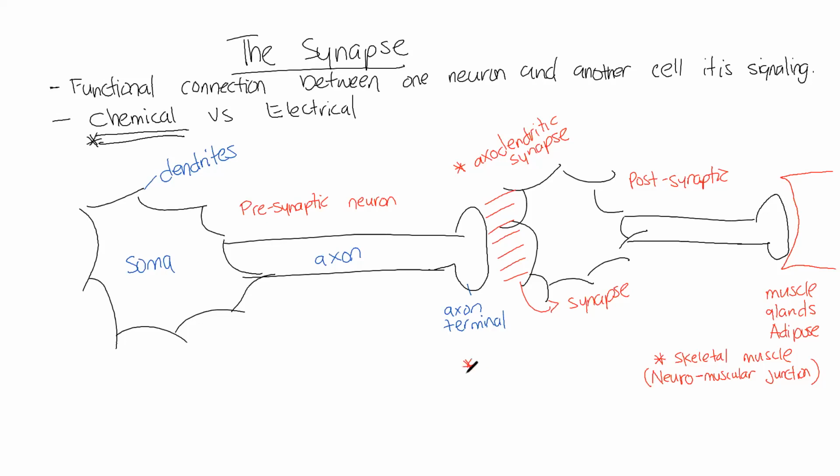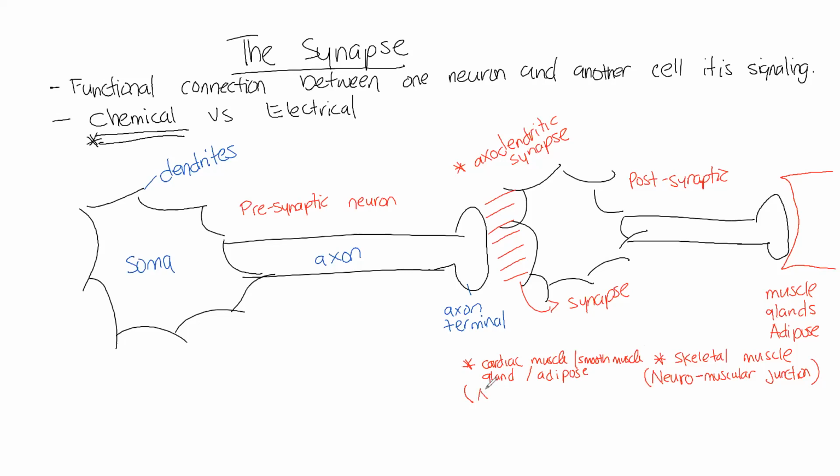If the cell is a cardiac muscle, smooth muscle, or the other types of cell, gland or adipose, so I'm going to put cardiac muscle, smooth muscle, gland or adipose, then the junction is named differently.